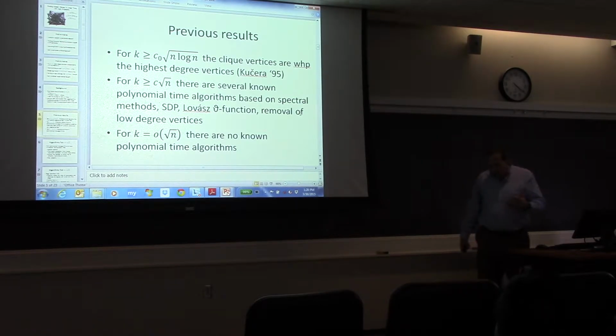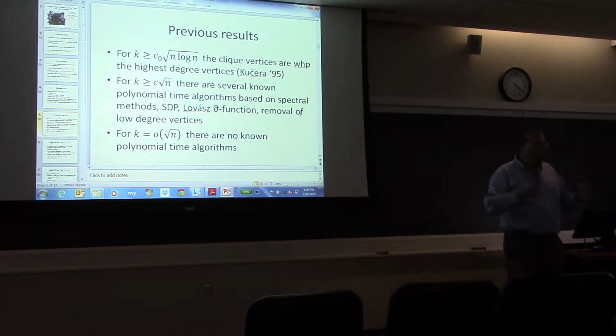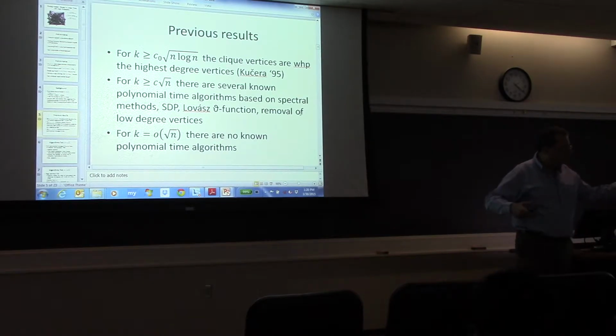So we'll see fluctuations of root n typically, but the largest fluctuation we'll see is order root n log n in the original graph. So if we plant a clique of size bigger than a constant times root n log n, then just the degrees will tell us these are the vertices of the clique, and it's very fast to compute degrees.